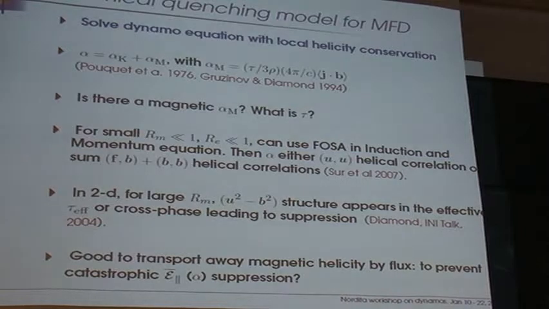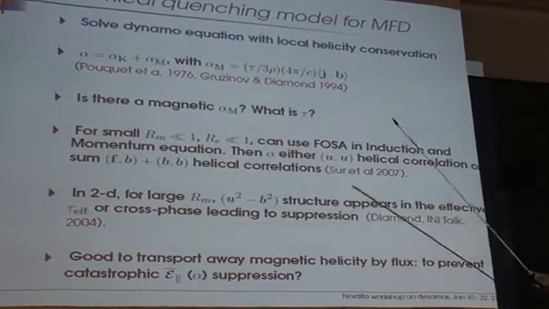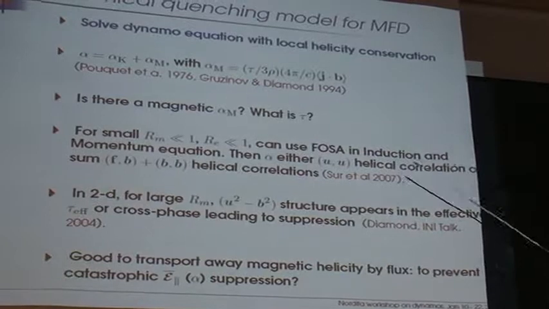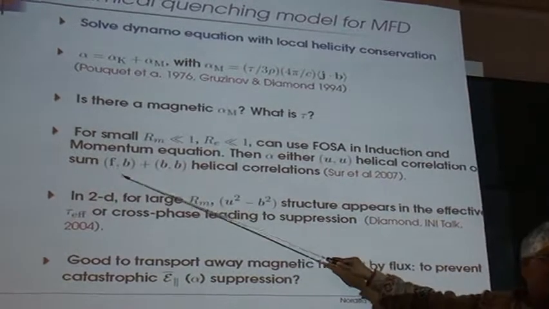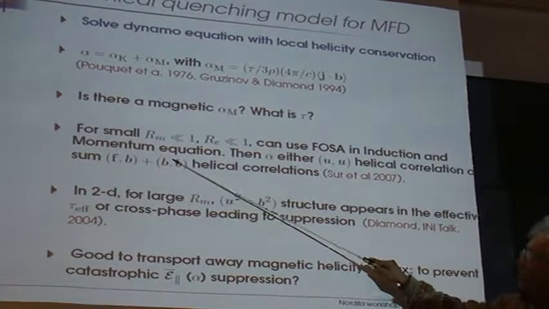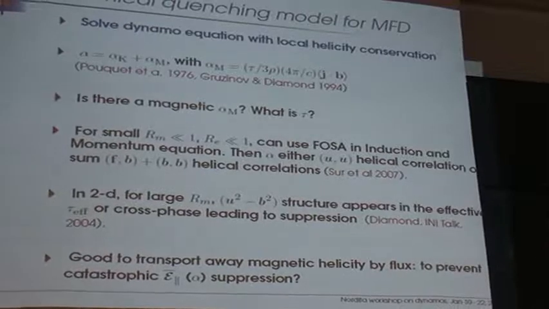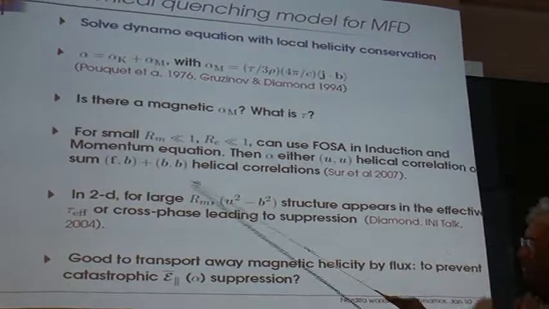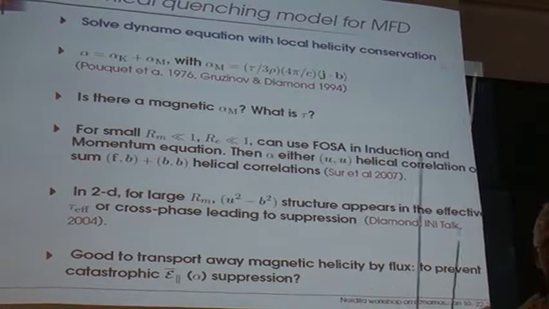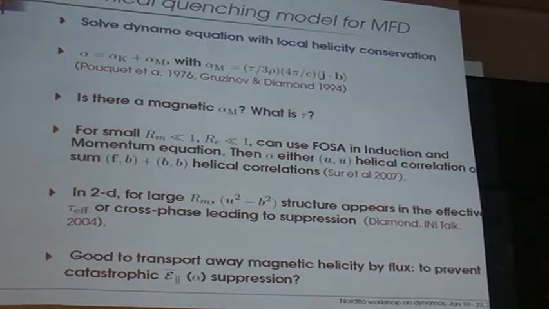So it turns out that you can write the alpha either as an actual UU correlation, which is what you are saying. You can write it as a sum of a BB correlation and an FB correlation. This is the actual B correlation. And you can write it as a UB correlation also. When you write it in this form, and I should have probably put those slides up, what you will discover is that there are 2 terms to the alpha.